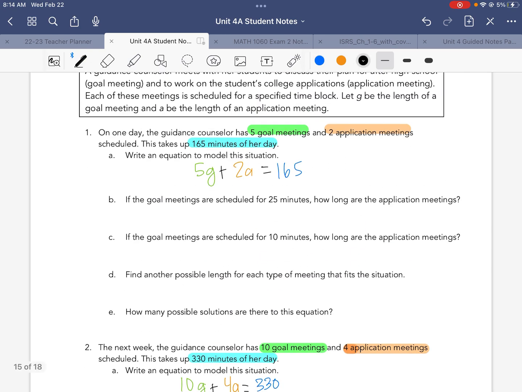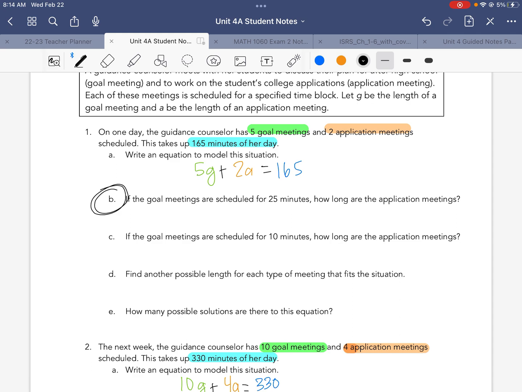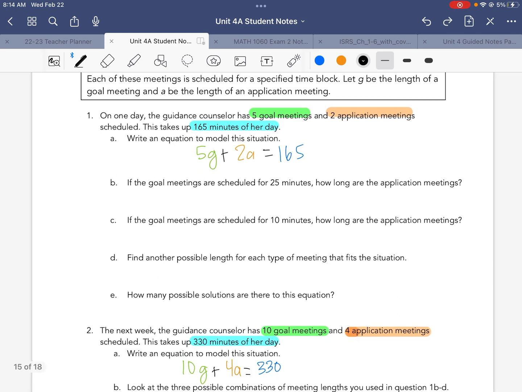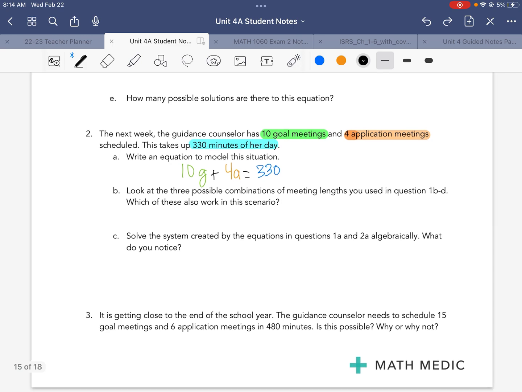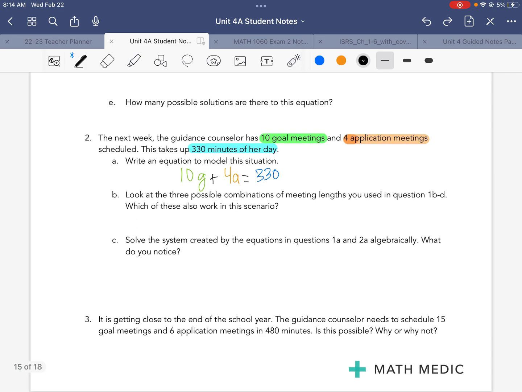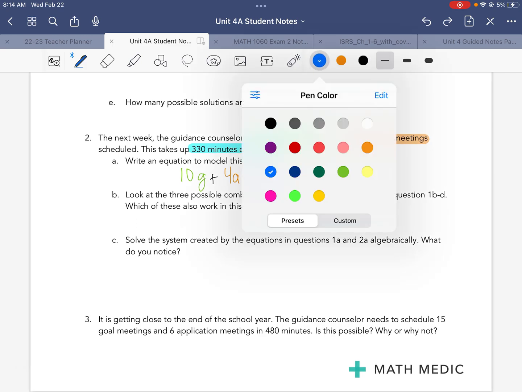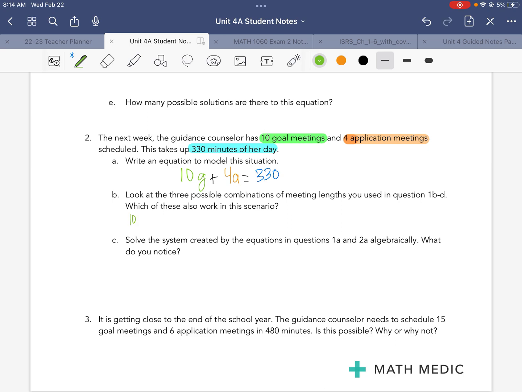So we tried like this one, and we figured out that if goal meetings were 25 minutes in this case, we would do 10 times the 25 plus the 4A. And we checked if that equals 330, how much would the application meetings be? So we went ahead and did this.